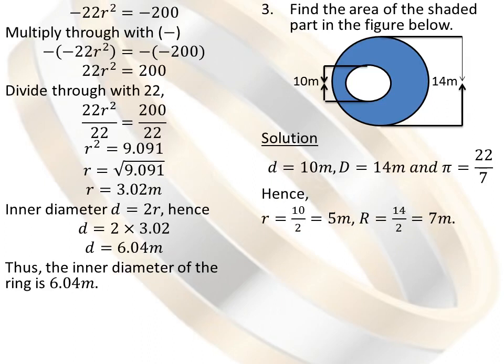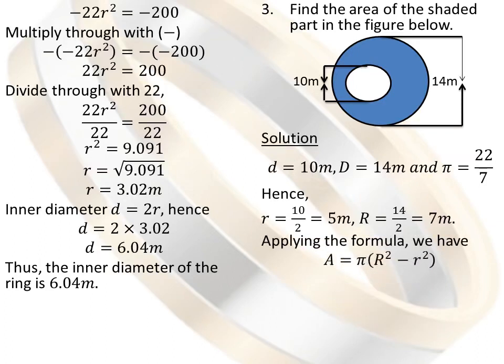We have the formula at the beginning of the video, so if you don't understand how we get this, kindly refer to the formula. We just substitute there. Applying the formula, we have a is equal to pi into bracket r square minus smaller r square.